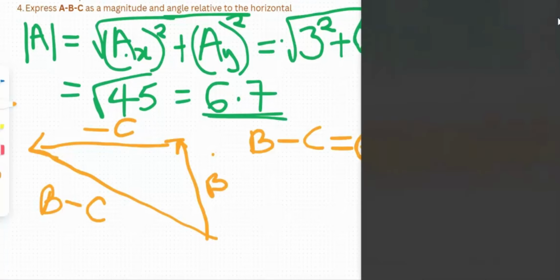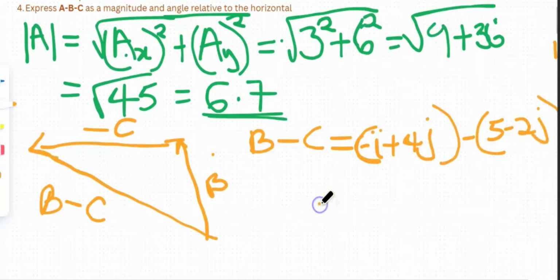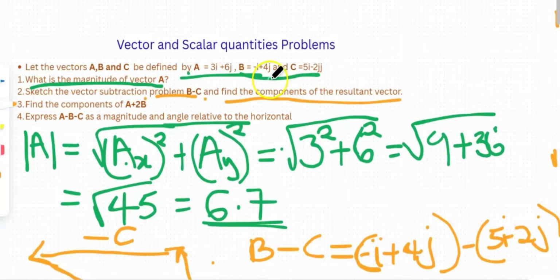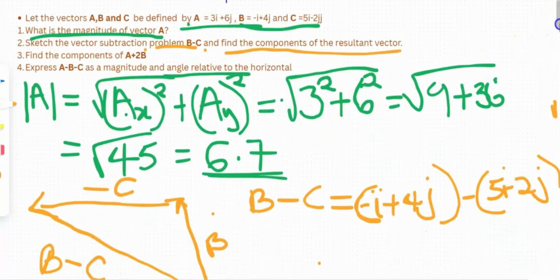So for us to get the resultant of these, we put the like terms together. If we come up here, we'll see that minus 1i and 5i are like terms. Then 4j and 2j are also like terms. So that's what we're going to resolve here.